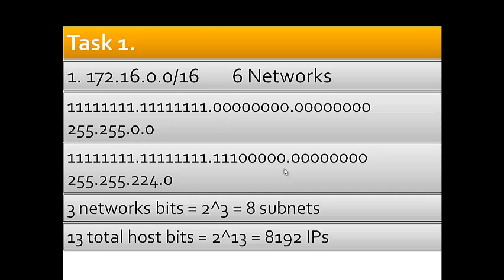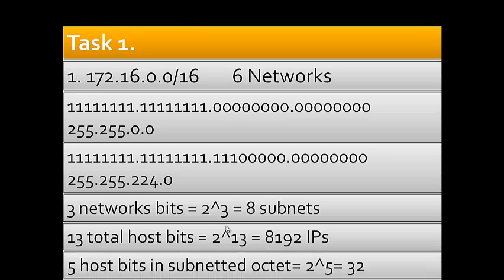So here, since you now have 8 subnetworks, you need to define the range from where to where. You can focus on the subnetted octet. In the third octet we subnetted and turned on 3 bits.